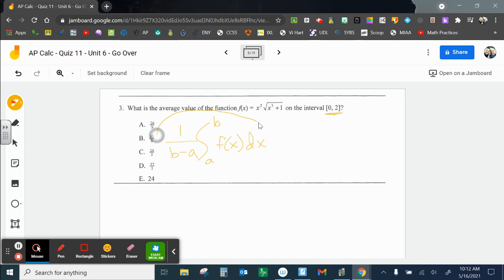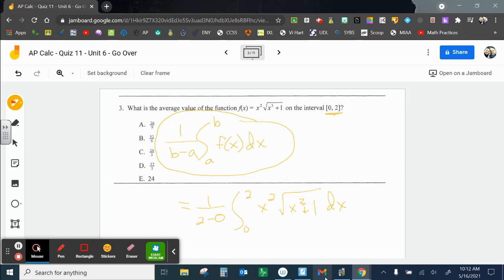So I just want to be able to do this on a calculator, and what it's going to look like, 1 over 2 minus 0, the integral from 0 to 2 of x squared dx, okay? So that's what I'm going to type in, and that's obviously 1 over 2. And again, we have access to a calculator, so we don't have to do this yet. In Unit 7, we might have a problem like this that's not a graphing calculator, and we'd have to be able to figure this out.